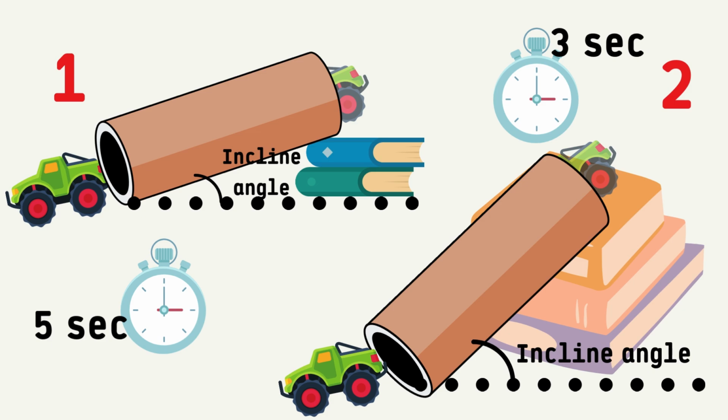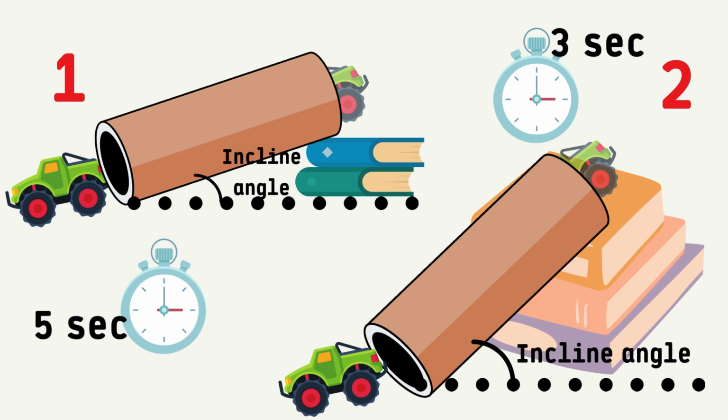With the inclination angle that we made with 2 books, the time taken by the toy car to move this distance is 5 seconds.